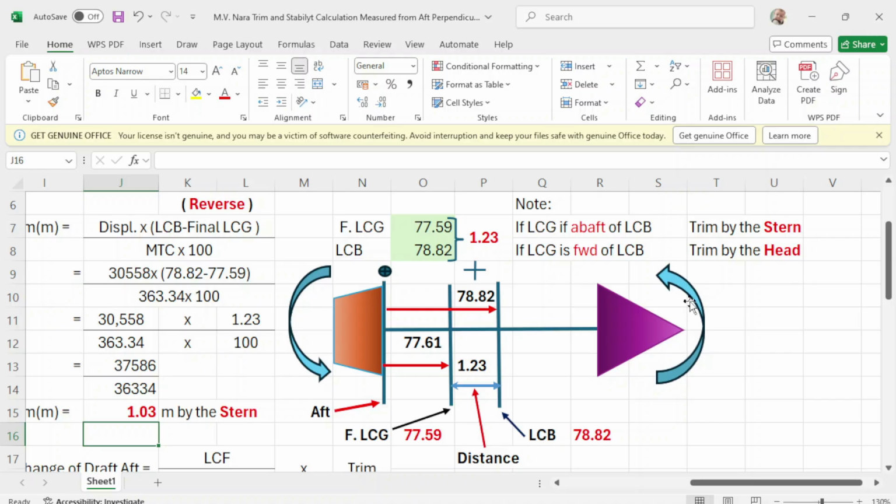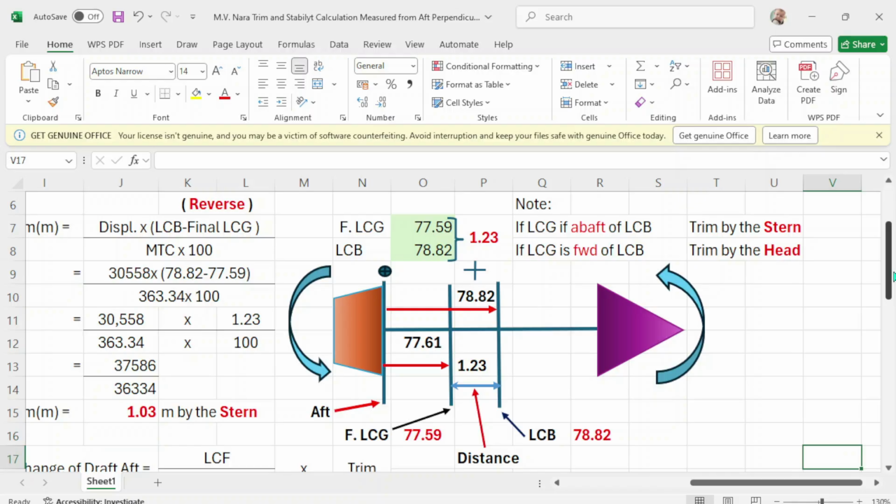So there's a counterclockwise direction. Okay, so if this forward part will go up, you will have less drop here, and in the aft part, if this will go down, then you will have more drop. Okay, so just take note of this figure guys, then it will explain why it should be trimmed by the stern or trimmed by the head.